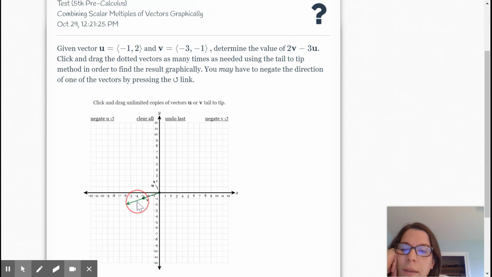Now, if I'm going to subtract u, I need to go the opposite direction, and that is why they have -u. When I subtract u, it's like I'm adding a -u. So now I need to combine 3 of the -u's, or subtract 3u.